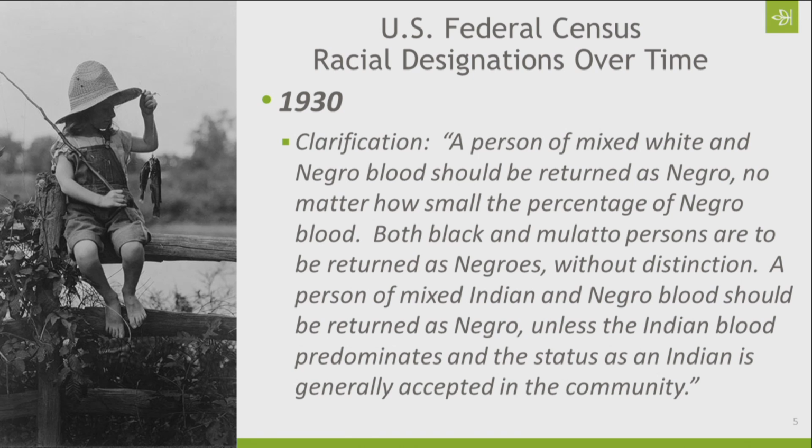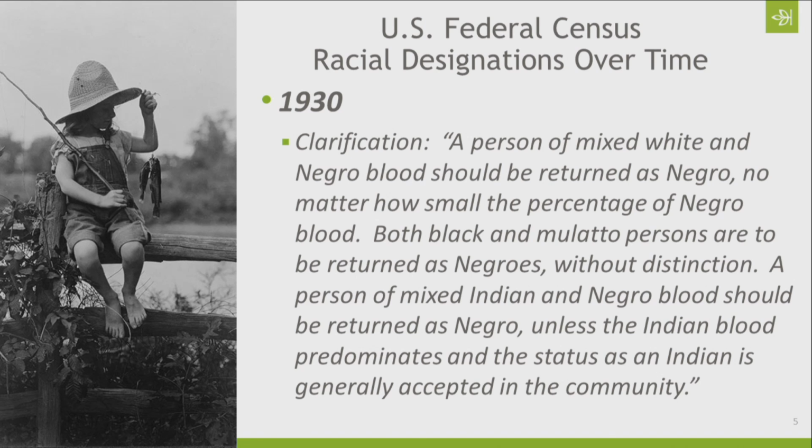A person of mixed Indian and Negro blood should be returned as Negro unless the Indian blood predominates and the status as an Indian is generally accepted in the community. So we see here in the census enumerator instructions this classification based on that one drop rule, whereas if they have any perceptible Negro blood, no matter how small the percentage, we're not going to designate between black and mulatto.